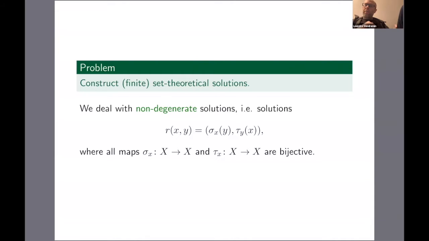So, to motivate my talk, I would like to start with this concrete problem. What I want to do is to try to construct finite set theoretic solutions. What does it mean? Well, I don't want to be very precise here. It could be, for example, constructing solutions up to isomorphism using computers, or just producing a huge family of solutions, or whatever you want, right?